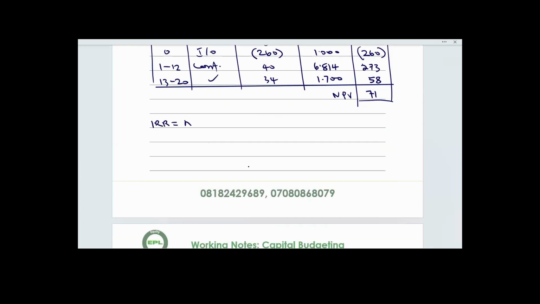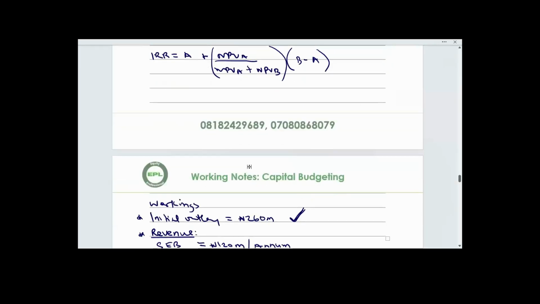is equal to A plus NPV of A over NPV of A plus net present value of the higher discount rates, higher discount rates minus lower discount rates. Okay, no space again. So let me just manage it.